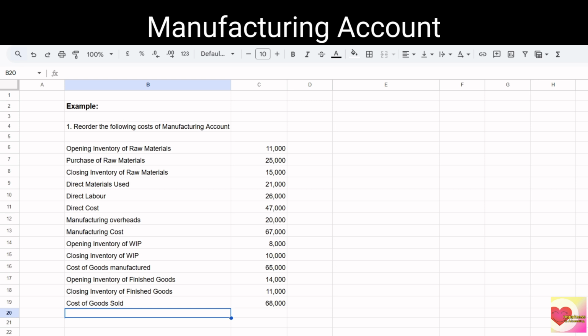Don't forget to double check that each subtotal amounts are correct, and remember that the closing inventory should be deducted.